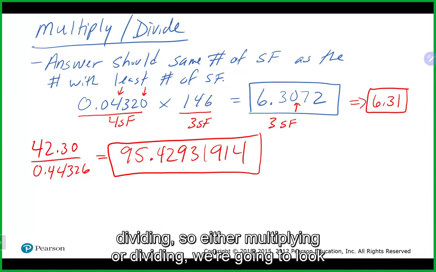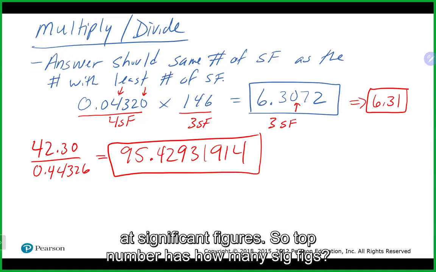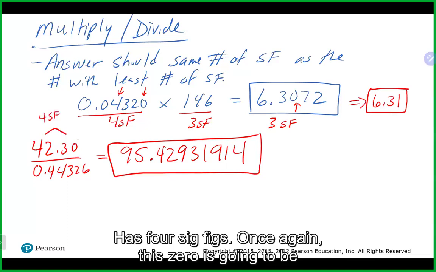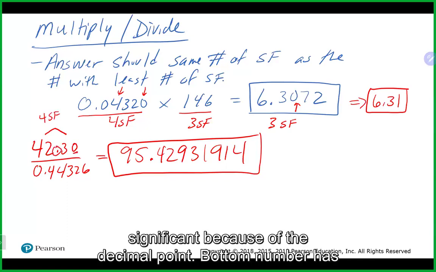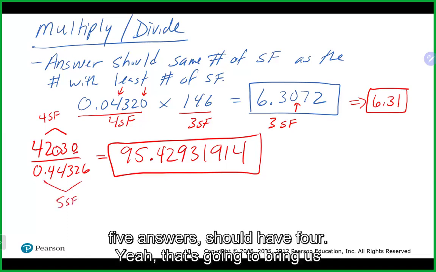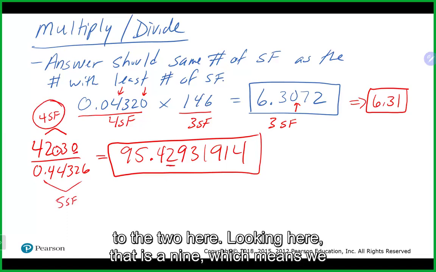Here we are dividing, so whether multiplying or dividing, we're going to look at significant figures. The top number has how many sig figs? It has 4 sig figs. Once again, this 0 is significant because of the decimal point. The bottom number has 5. The answer should have 4. That's going to bring us to the 2 here.